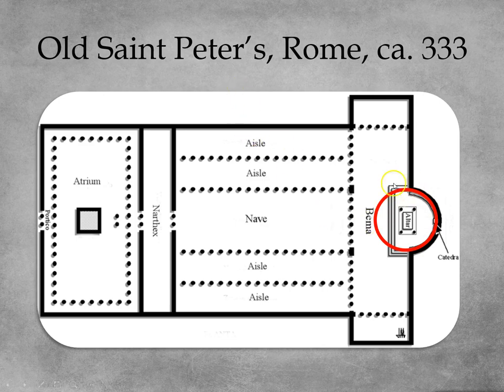This is the space in the basilica where the priest and the bishop and the deacons would engage in the business of the liturgy, where they would engage in the distribution of the sacraments, the reading of the word. And this is considered really the most sacred space in this building.